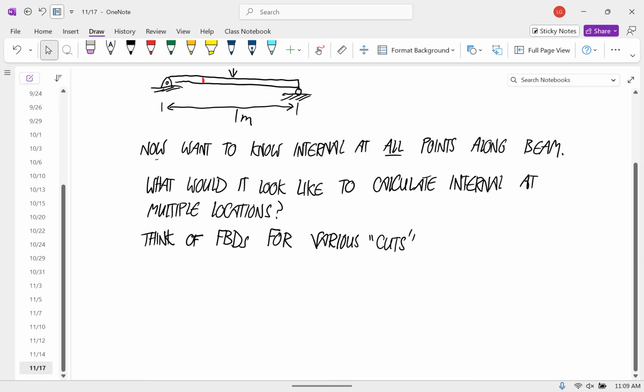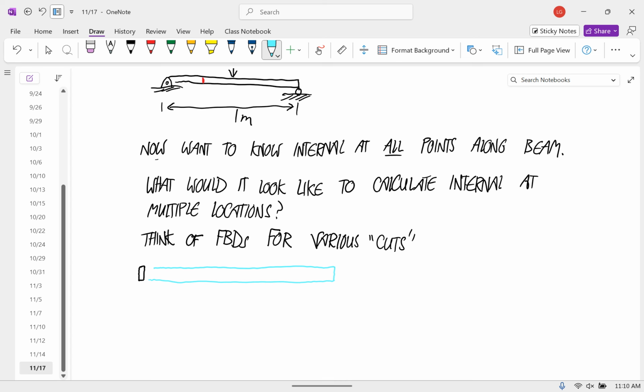First of all, imagine that we want to calculate the internal loads very close to the left edge, to the left end. The light blue is all the stuff that's not going to be included in our free body diagram, and the black is the stuff that is included. Move it down a little.